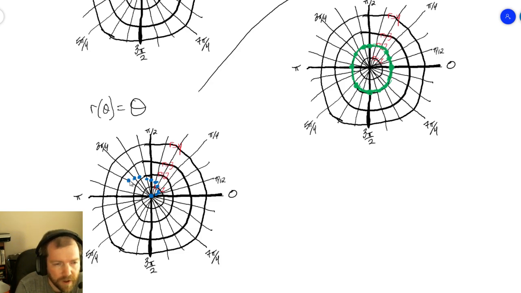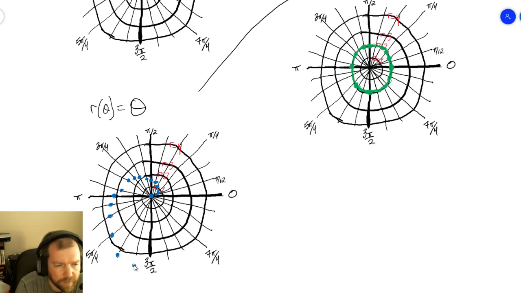2.61, 2.87, 3.14. Everybody knows pi. All right, 3.40, 3.66. Oops, a little too far there. 3.92 and 4.18.